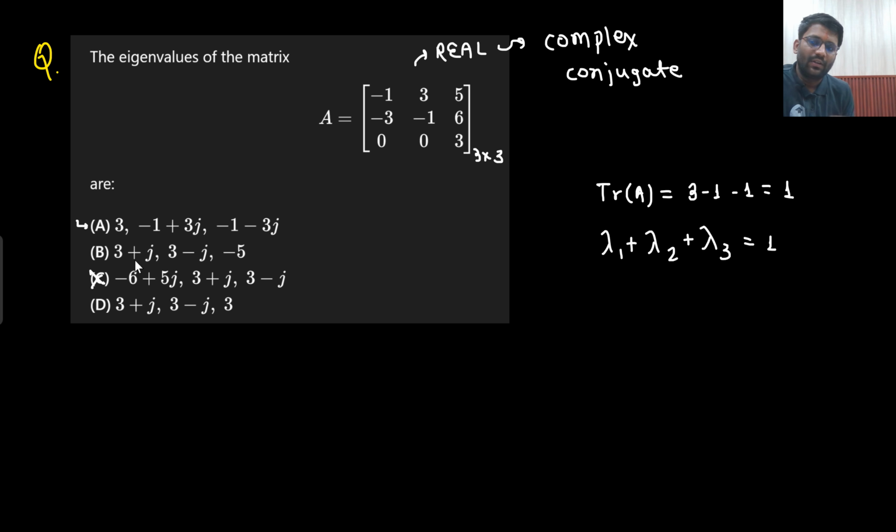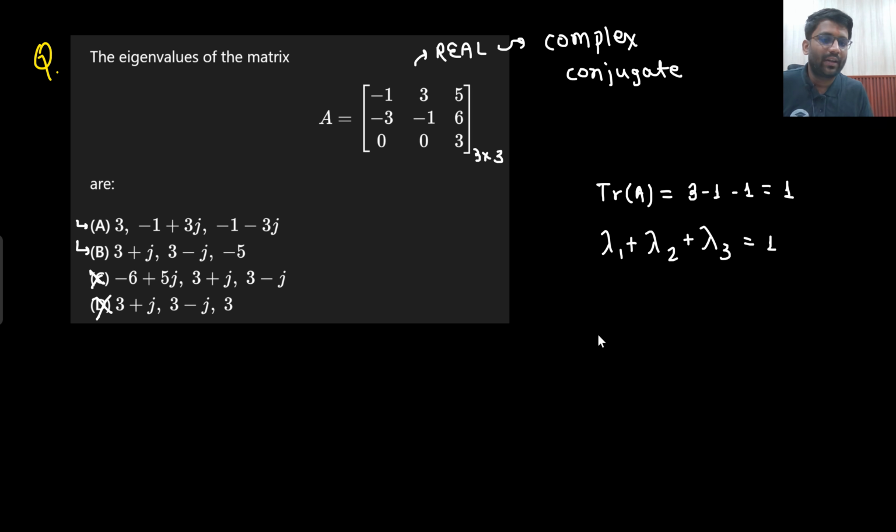Okay, so this is on hold. Here also I am getting the addition to be 1. And if I check this one, the addition of eigenvalues is 3 plus j plus 3 minus j plus 3. The j and minus j get cancelled out, 9 you are getting. So this is also gone. So two options I have got.